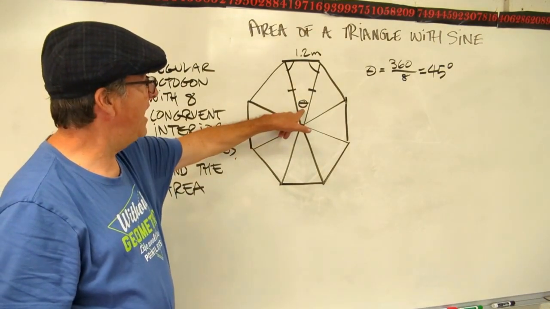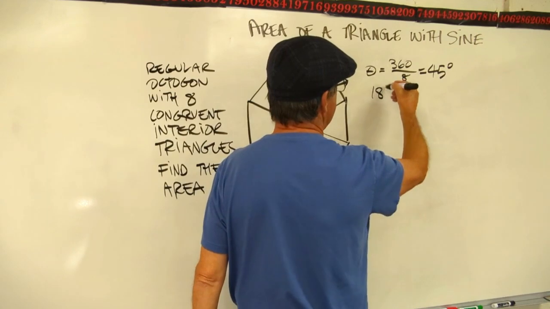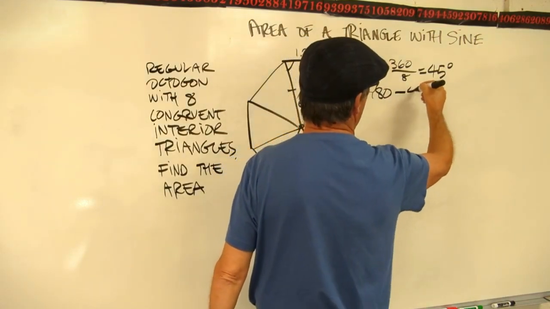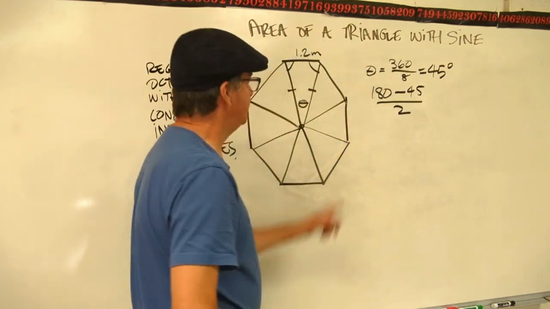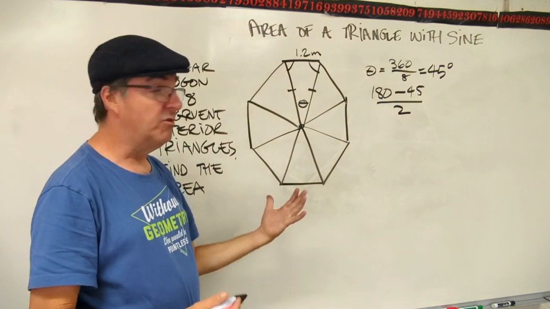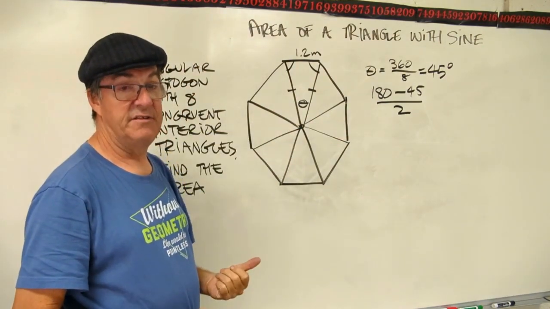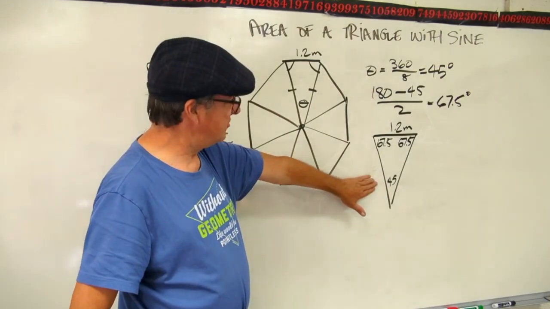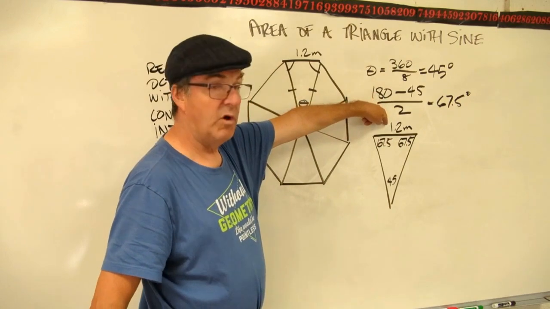If that's 45, then each angle is going to be found this way: 180 minus 45, over 2. Because 180 minus 45 is what's left for both of those. If they're equal, then you're just going to divide that amount by 2 to get the angle. Okay, so there's our triangle. Two angles of 67.5, one of 45, and one side of 1.2.